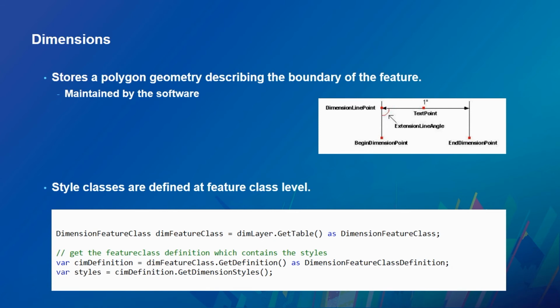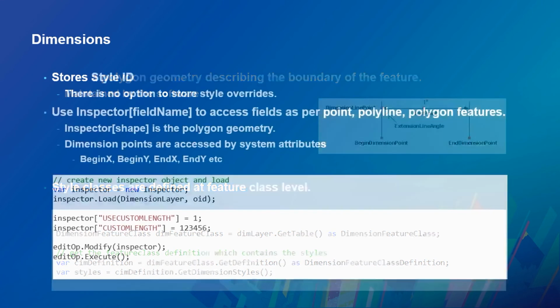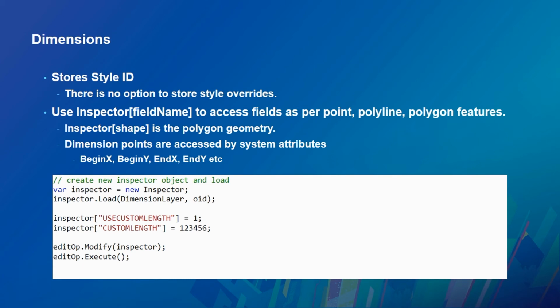And then again, you'll get a read-only collection of the styles using the getDimension styles. For a dimension, the most important field is the style ID. Again, that references one element in that style collection. There are no options to store style overrides like there is with annotation. So the style collection at the feature class level has to represent everything that you want to accomplish with your different dimension features.